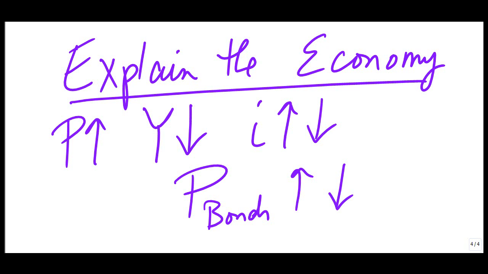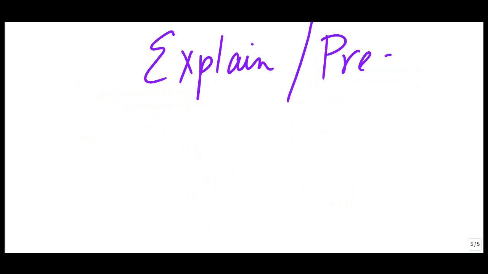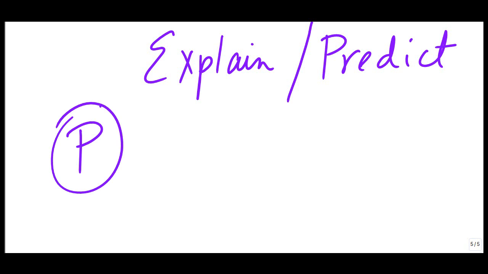All right. Now, there's a common theme to all of these models, and that is that they're trying to explain and predict. For example, with respect to the price level P, they're trying to explain what determines the price level. In other words, if the price level goes up, explain why it went up.